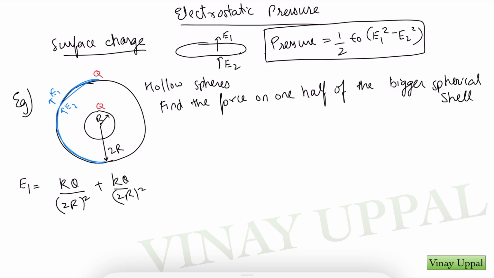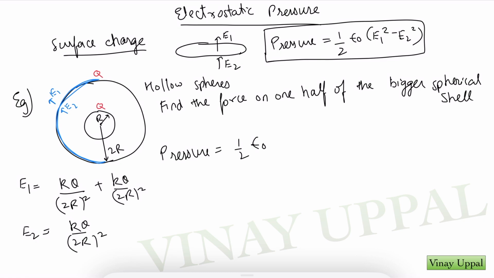This is due to both the spheres, just outside the sphere, because the distance from the center is 2r. And just inside, the bigger sphere will have zero electric field due to itself. So the field E2 will only be due to the smaller sphere, and that will be kq by 2r the whole squared.